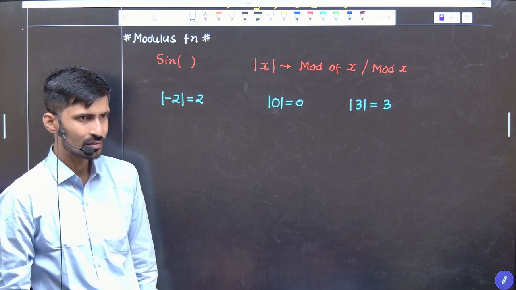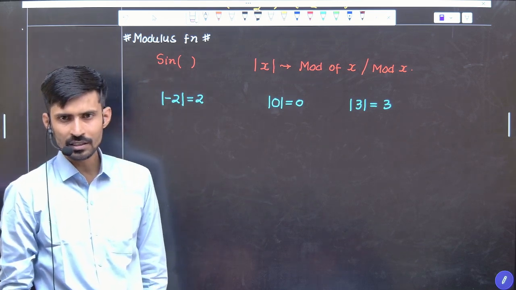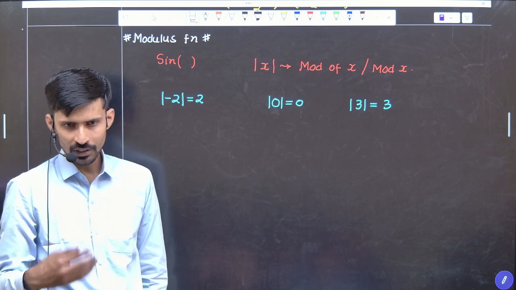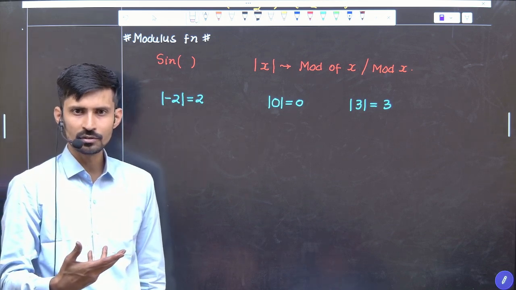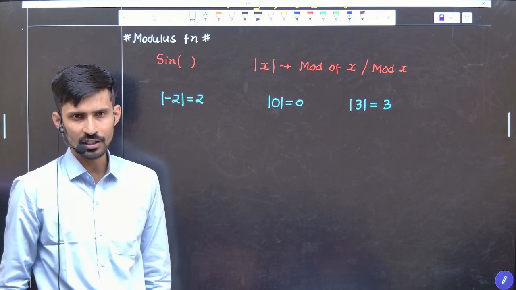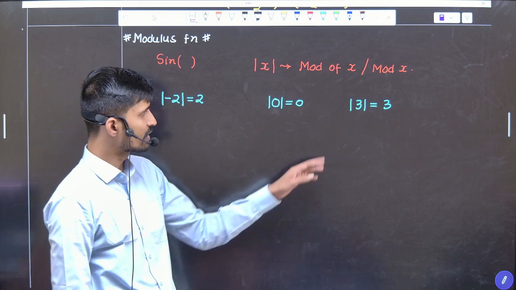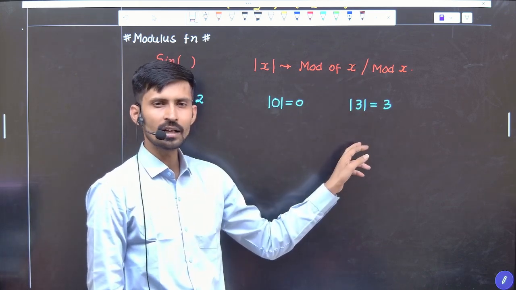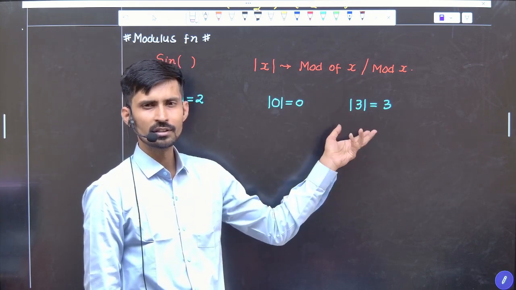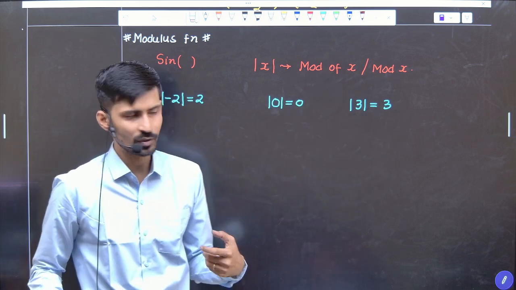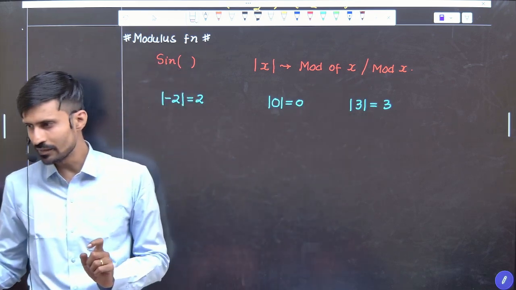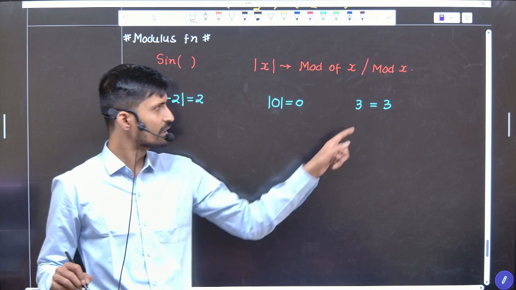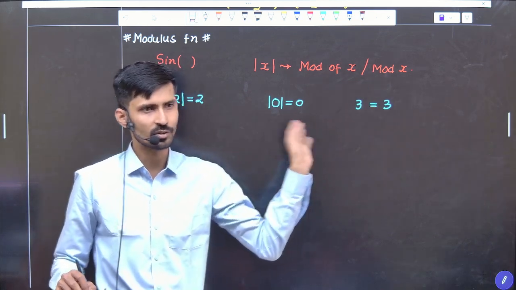If this number is positive, then mod will do no change. Whether you put mod on that or don't put, things will be the same as it is. It means if this thing is positive, I remove mod from here, still it is the same thing. 3 is equal to 3.